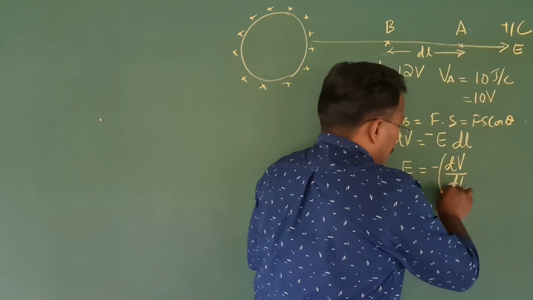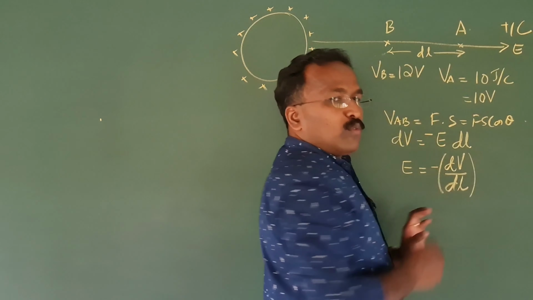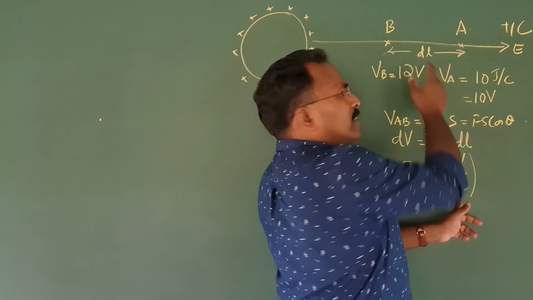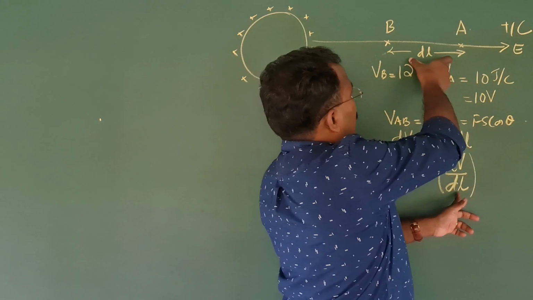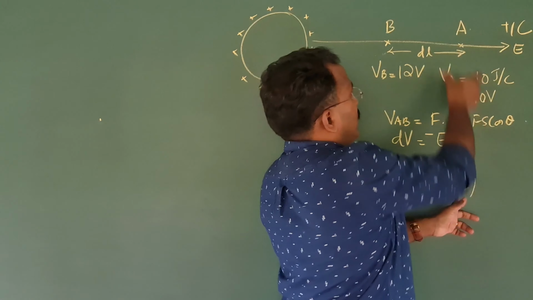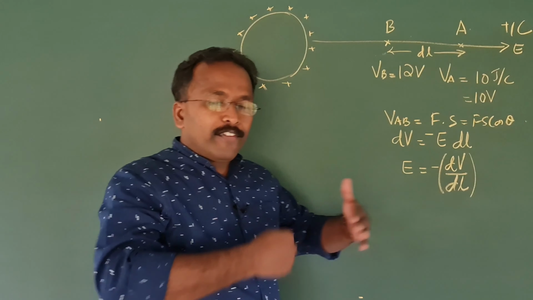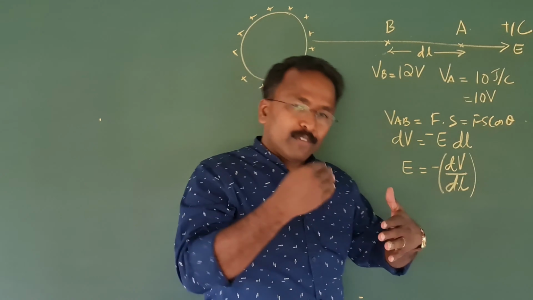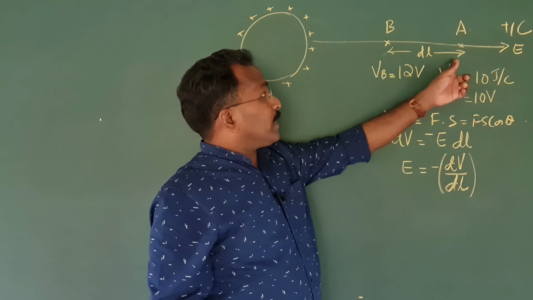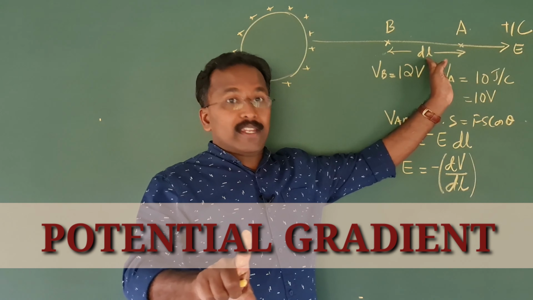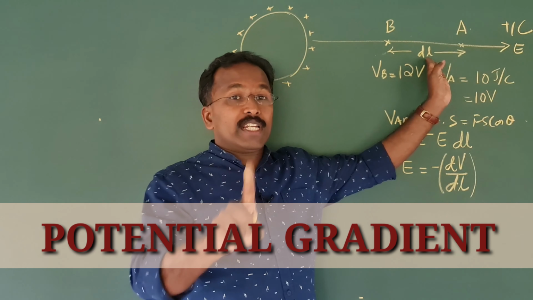dV by dl, this factor, what is it? Consider this to be a small distance. In this small distance, there is a potential difference. Okay. In space, if some quantity is changing, we say it has a gradient. So here potential is changing, so we say there is a potential gradient. What's that? Potential gradient.